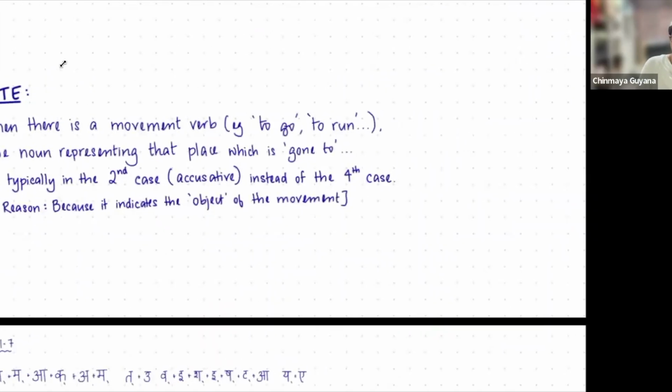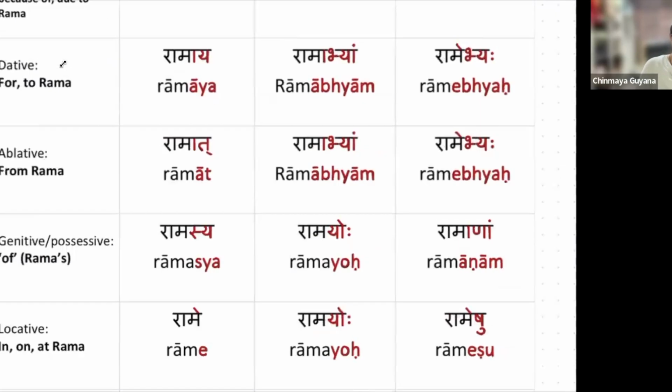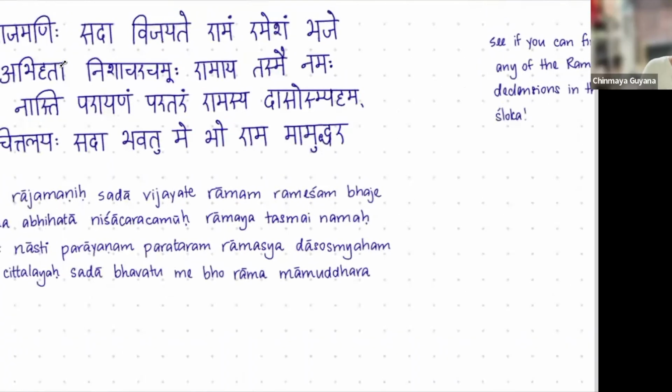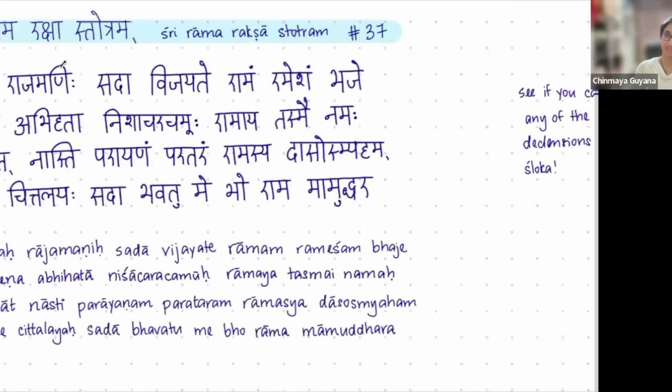Homework number 3. This is weekend. So weekend is a holiday for normal people, but it is homework for Sanskrit people. Okay. So, number 3. Homework number 3 is this verse I have given here, verse number 37 in Sri Rama Raksha Stotra. You don't need to write it out again. You can print it. You can use your phone.